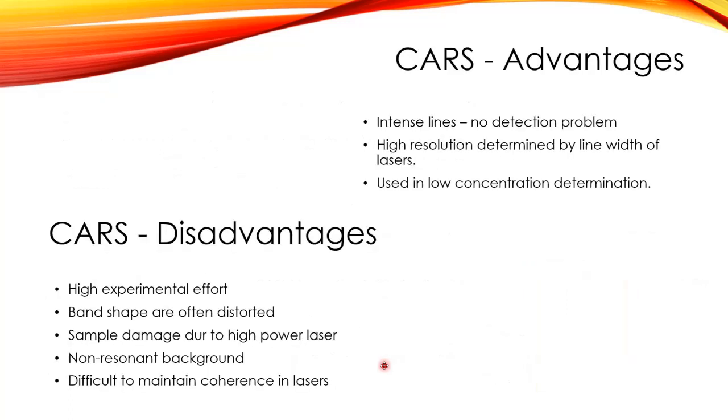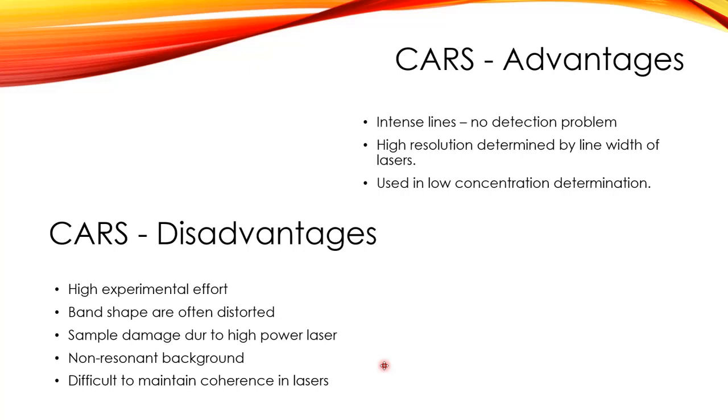CARS has different advantages and disadvantages. The advantage of CARS is that it has a very intense line, therefore there is no detection problem. In a CARS experiment, the intensity of the CARS signal is 4 to 5 orders of magnitude more intense. Thus in CARS spectroscopy, there is in general no detection problem.